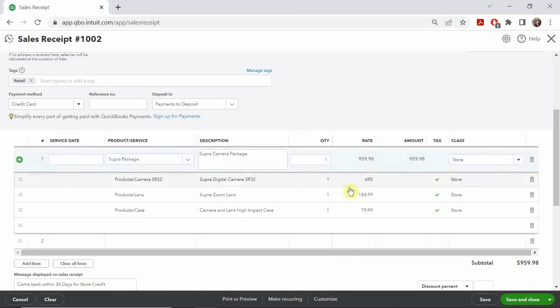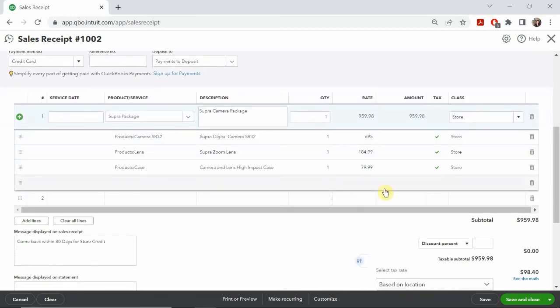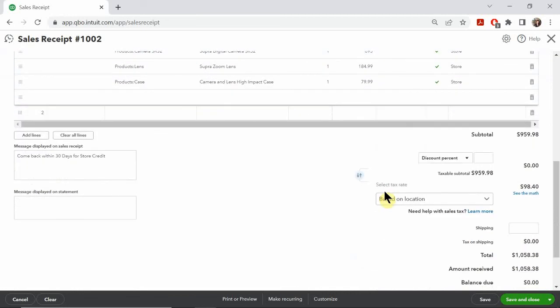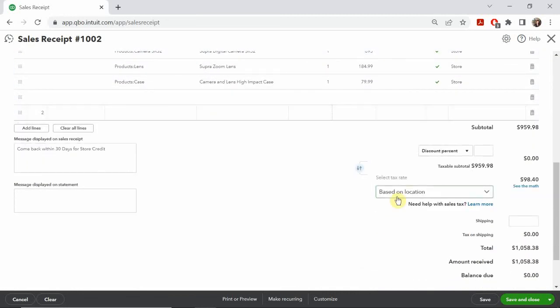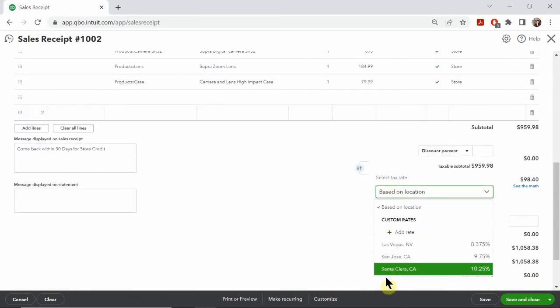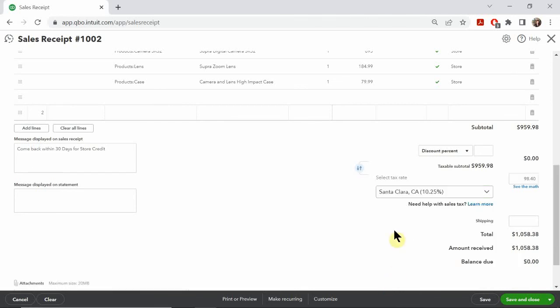Okay. And then now she owes me a total of $959.98. Okay. Plus the tax. Once again, we're going to make sure that this is a Santa Clara tax. Okay. And of course, now they owe me a total of $1,058.38.